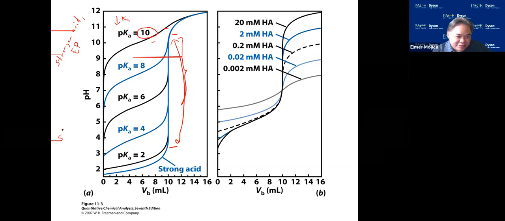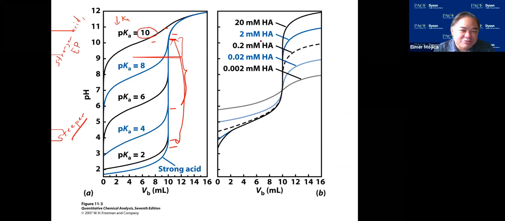Or I think the right term there is steep. Compare it with pKa4. So the region of the pKa4 is from here going here. pKa2 is from here to here. So the weaker the acid, the less steep is the equivalence point.